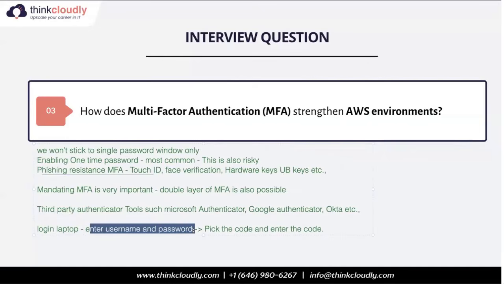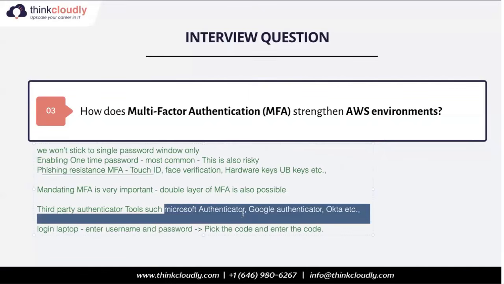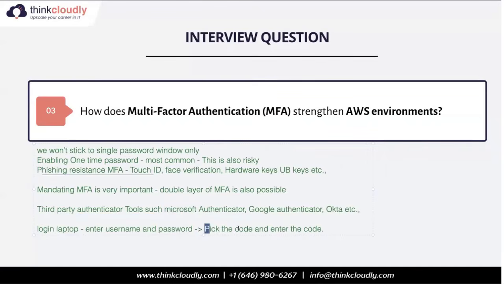After that, you open that Authenticator app on your phone, and it gives you a code which changes every 30 seconds, and you enter that code to authenticate. This way, a hacker or middleman will never be able to get into your device because that code changes every 30 seconds, right? So this is the way which is being used to strengthen security on AWS environments today.